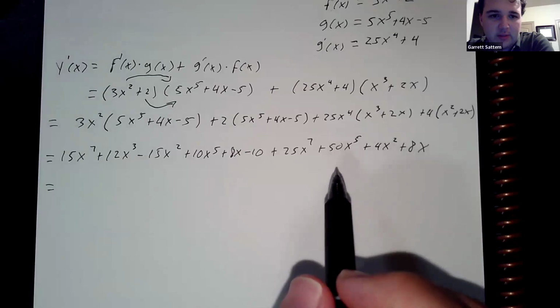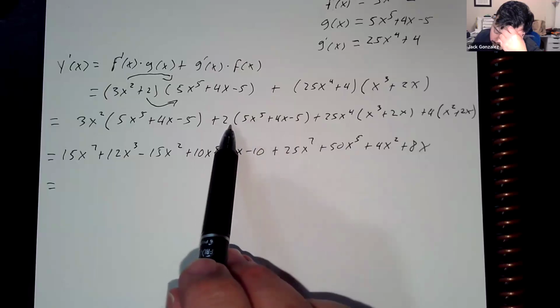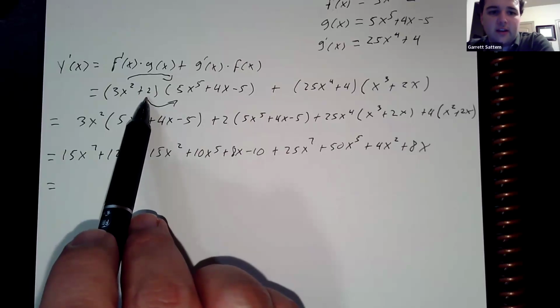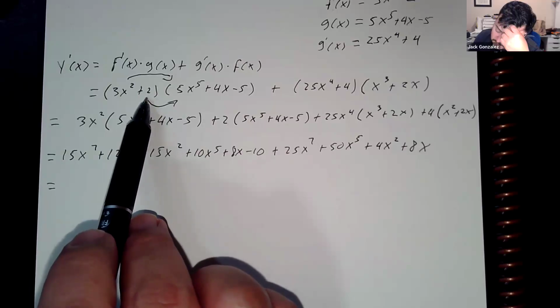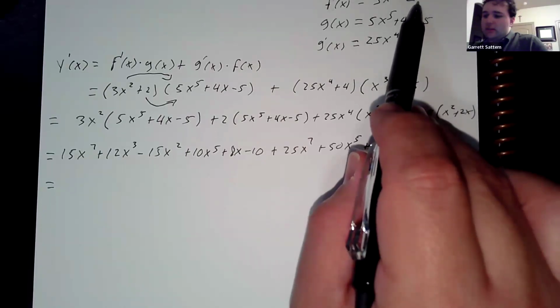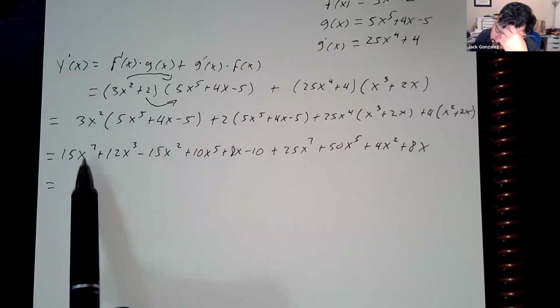I think you meant to put the 2x there. Oh, it should be a 2. The derivative was a 2. Okay. But yeah, let me double check everything just in case.